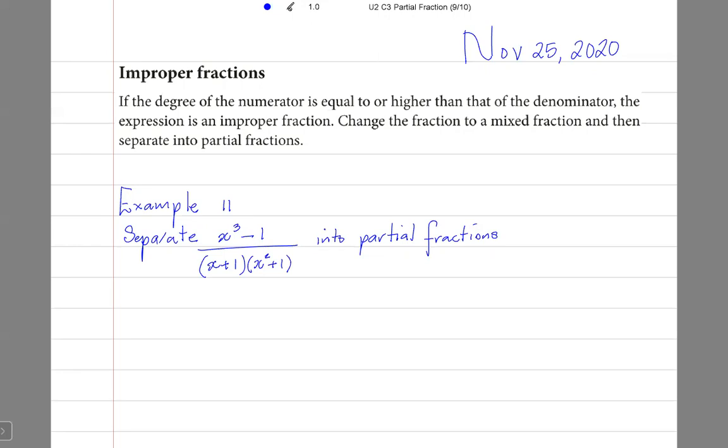If the highest power of x in the numerator is equal to or greater than the highest power of x in the denominator, the fraction is said to be an improper fraction. Before you could separate into partial fractions, you'd have to first change the fraction to a mixed fraction and then separate into partial fractions. So with example 11, I'm going to demonstrate how this is done.